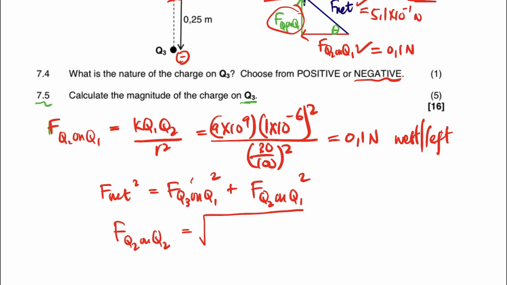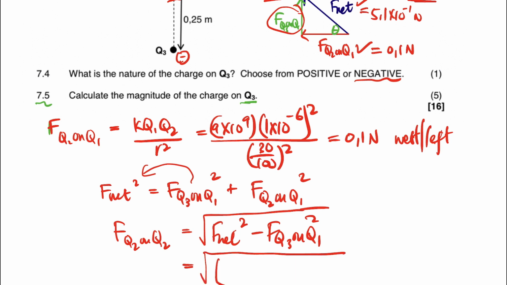So I'll just transpose this to this side. So I'll have F net squared minus force of Q2 on Q1 squared. And then I'll put those forces there. The F net is 5.1 times 10 to the power negative 1, squared.